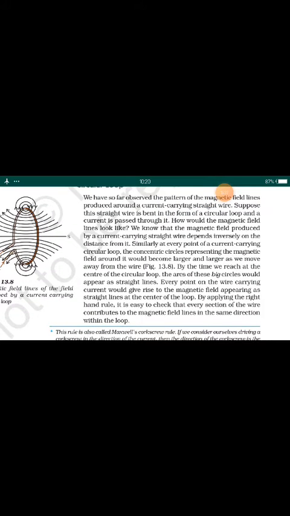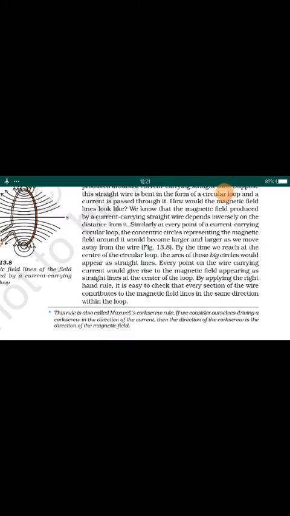13.8. We know that the magnetic field produced by a current carrying straight wire depends inversely on the distance from it.